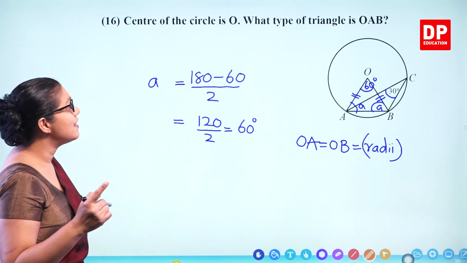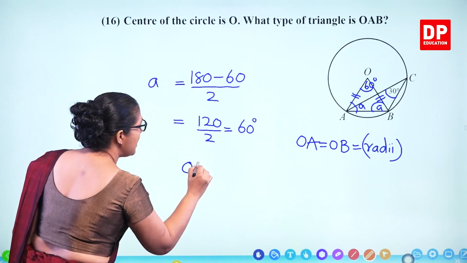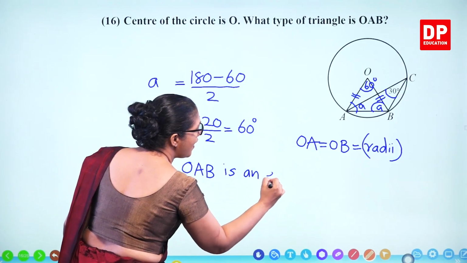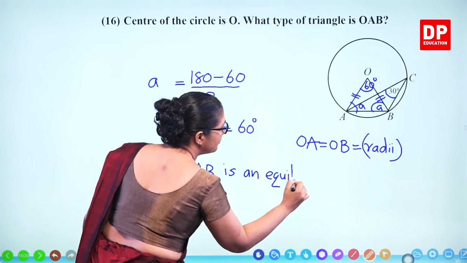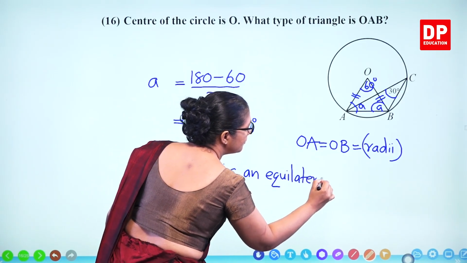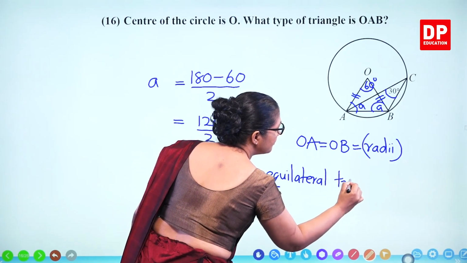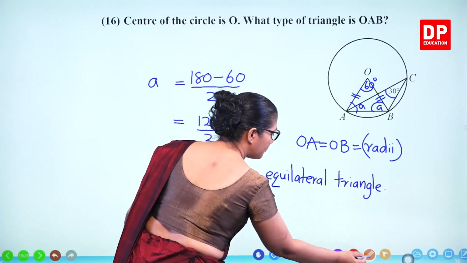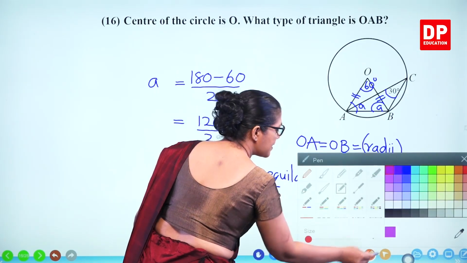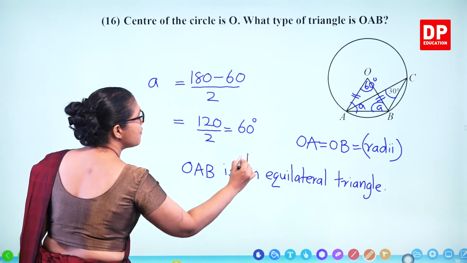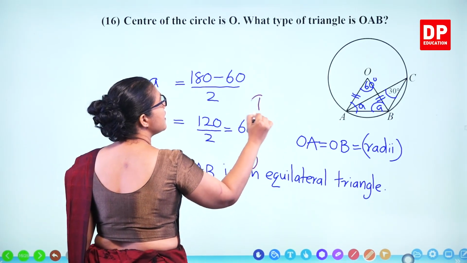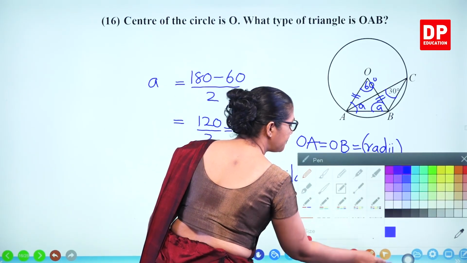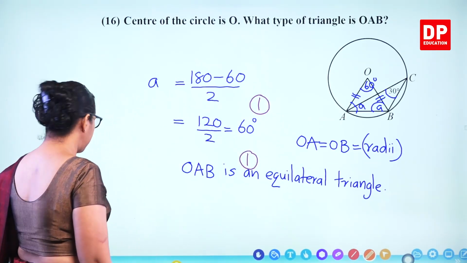What's the triangle? OAB is an equilateral triangle, because all angles are 60 degrees. So identifying this and finding the 60-degree angle, you get 1 and 1. So 2 marks for that.